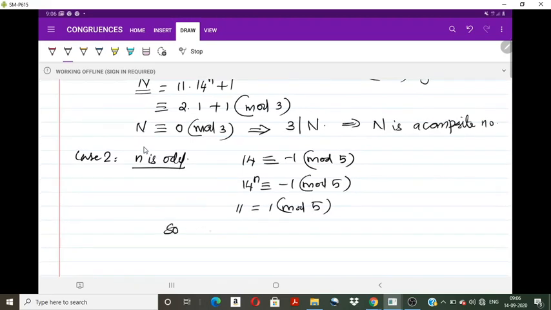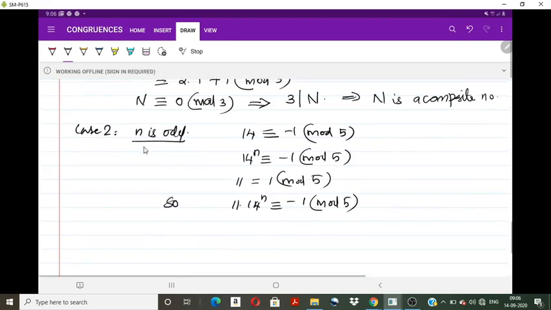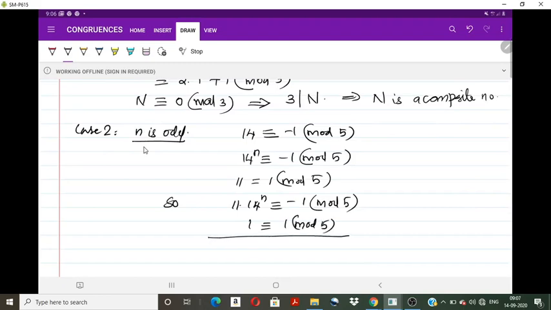So 14 raised to n is congruent to minus 1 modulo 5, and 11 is congruent to 1 modulo 5. Adding these two, we have 11 into 14 raised to n plus 1 is congruent to minus 1 plus 1 modulo 5.